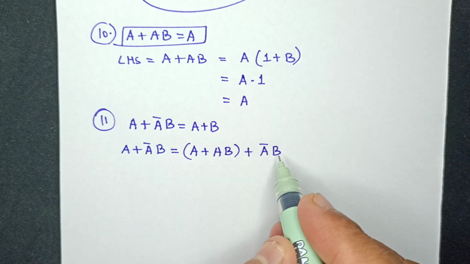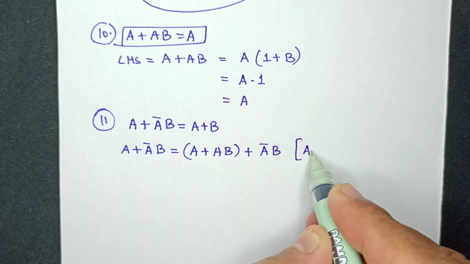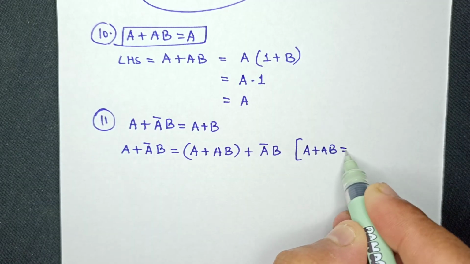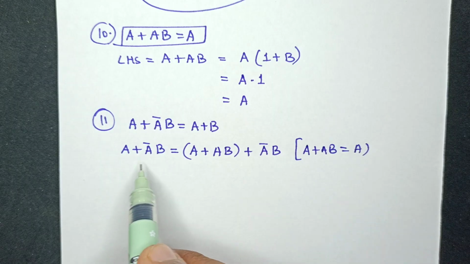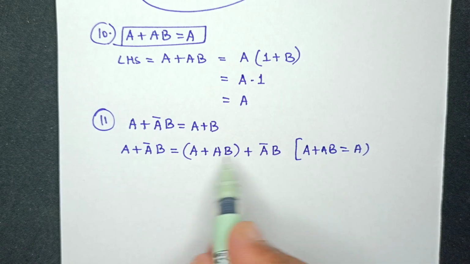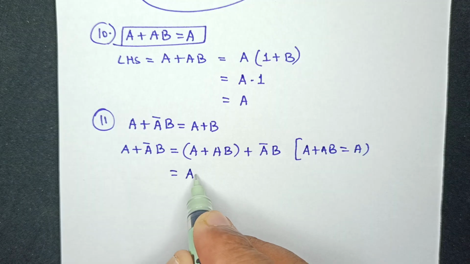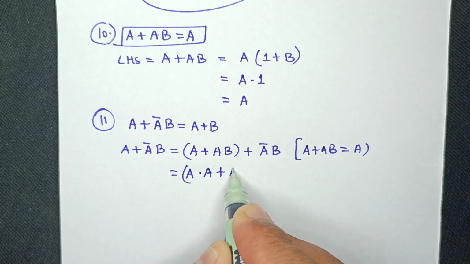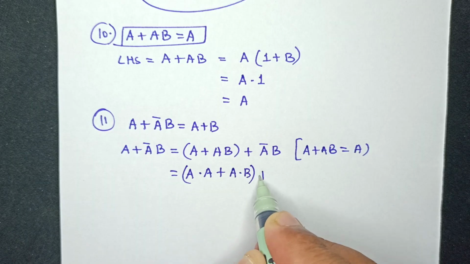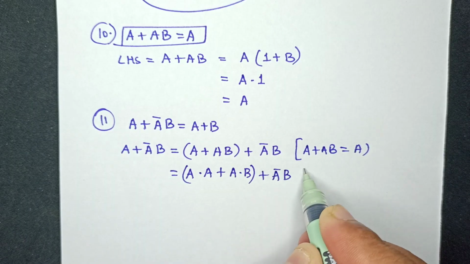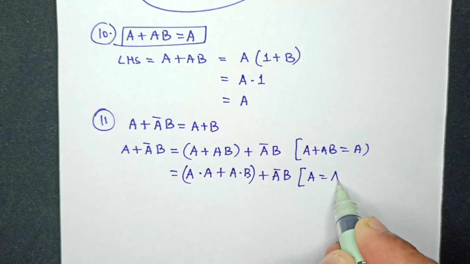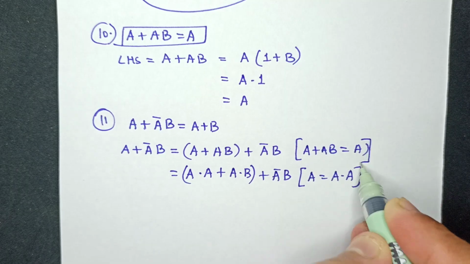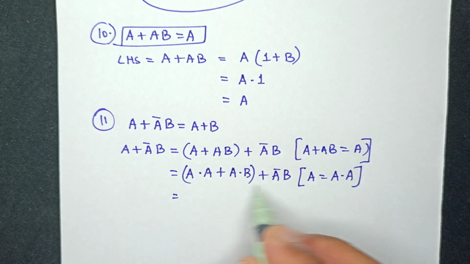What we have done is we have used rule number 10, which says that a plus ab can be taken as a. So in place of a, we have taken this as a plus ab. Now let us multiply this. So this is a multiplied by a plus a multiplied by b plus a bar b, and this is the rule that says that a dot a is always equal to a.